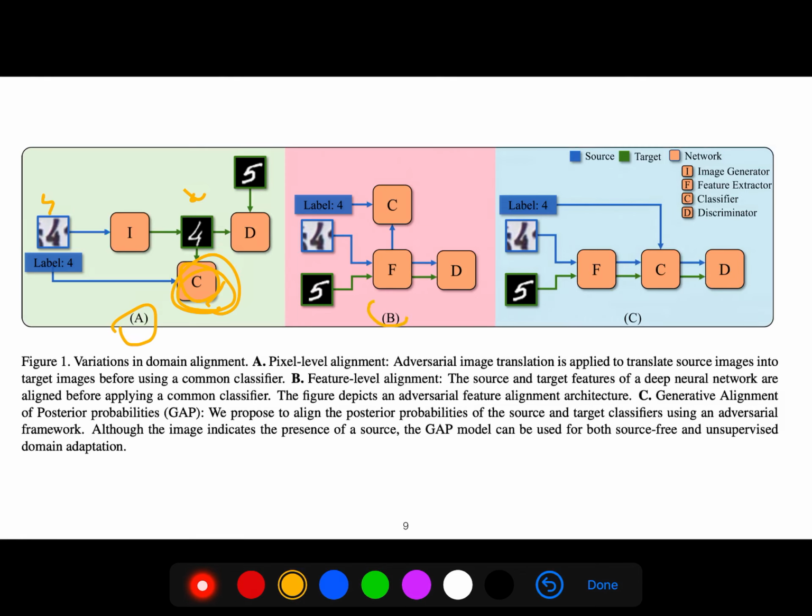In B, you will see the feature level alignment, where the source and target features are aligned together before applying the common classifier. There are different variations, you see. And another variation is this generative alignment of posterior probabilities, where we propose to align the posterior probability of the source and target classifiers using an adversarial framework.